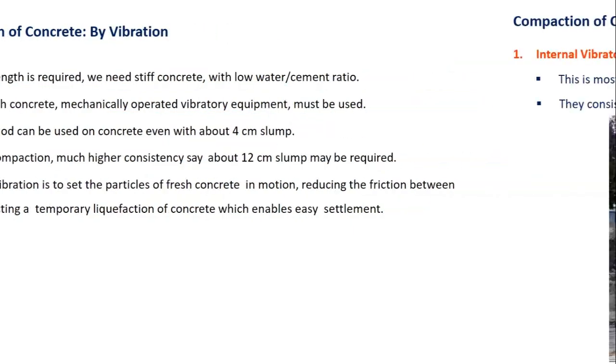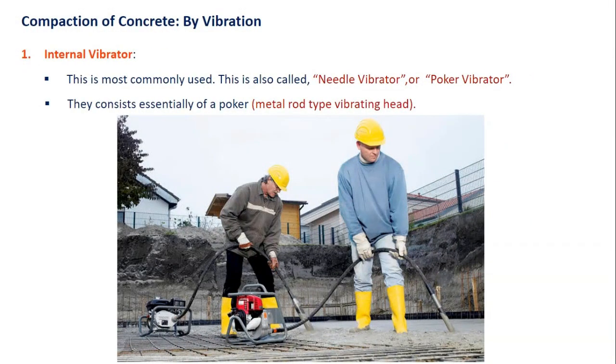Okay, so let me show you the different ways in which you can compact the concrete by vibration. Here, this is the first one, internal vibrator. This is also called a needle vibrator or poker vibrator. As you can see in this image, there is a vibrating end to this pipe, and this vibrating end is dipped, submerged in the concrete, and therefore this vibrating needle will vibrate the concrete and will remove any entrapped air present in it.